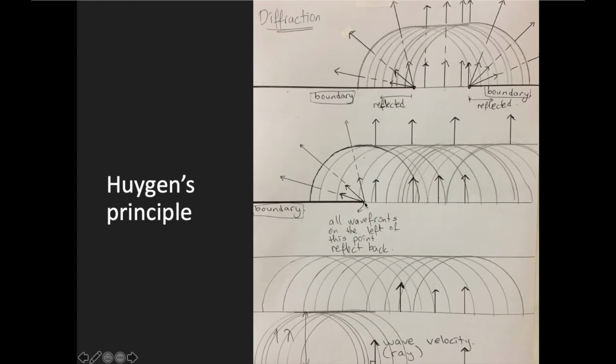But you see, as of this point, on the left of that point, there are no more point sources to emit wavefronts on the next step. So it looks like only circular wavefronts left on this side, so it spreads circular.